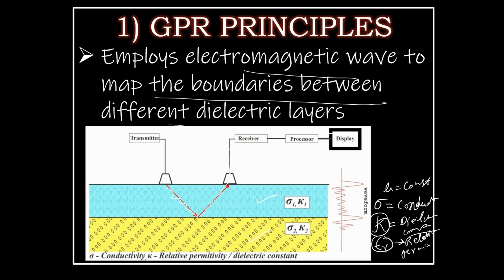Okay, so let me give you an idea of how you can understand, by using GPR, the location of a pipe or any subsurface features. The basic principles of GPR are basically borrowed from seismic. So like seismic, in GPR we also consider the amplitude of the signal and the two-way travel time.